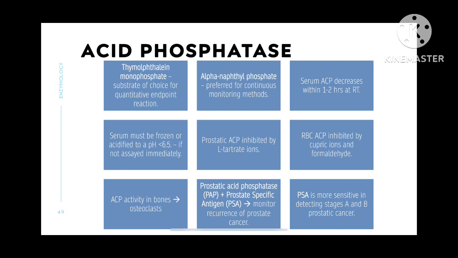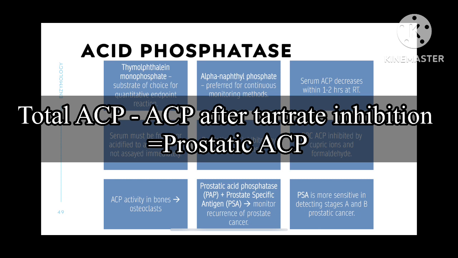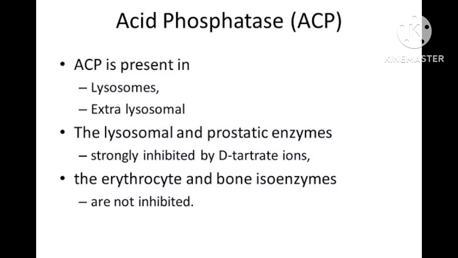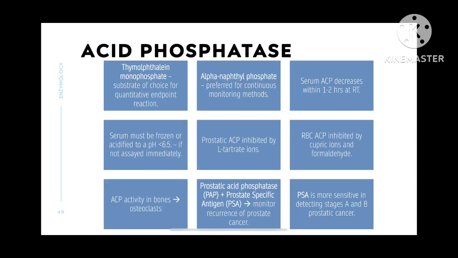ACP activity remaining after inhibition with L-tartrate is subtracted from the total ACP activity determined without inhibition, and the difference represents the prostatic portion. The reaction is not entirely specific for prostatic acid phosphatase. Lysosomal ACP is also inhibited by tartrate. However, other tissue sources are largely uninhibited.